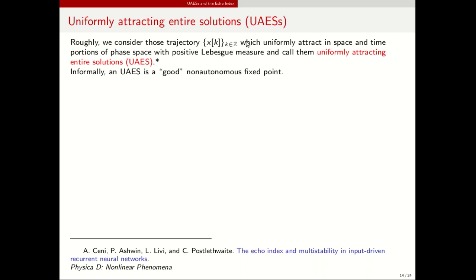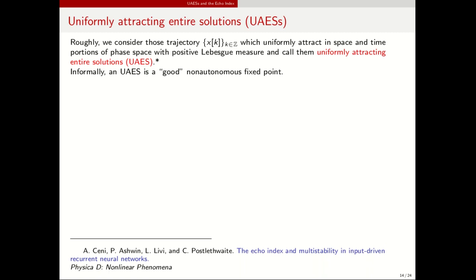We consider those entire solutions which uniformly attract in space and time portions of phase space with positive Lebesgue measure. Informally, we can see these uniformly attracting entire solutions as good non-autonomous fixed points.